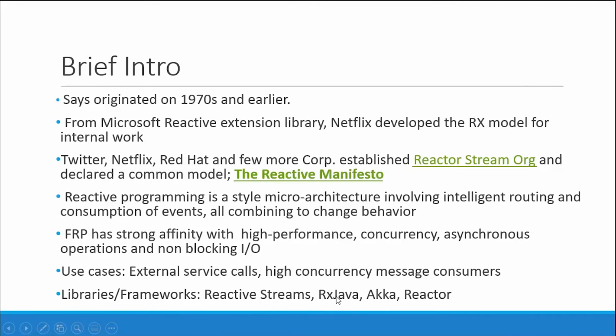It's like a second generation library. Here we have observers and so on. The Akka framework is like a third generation reactive programming library. They use Scala, or we can also use Java. And finally, Reactor is a fourth generation library, an open source one, just like RxJava.